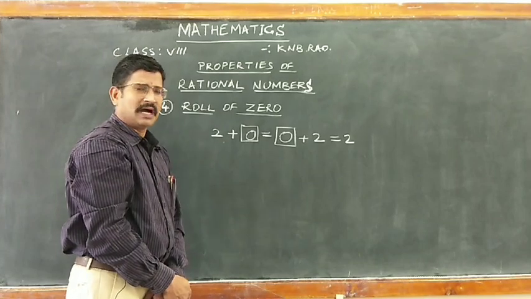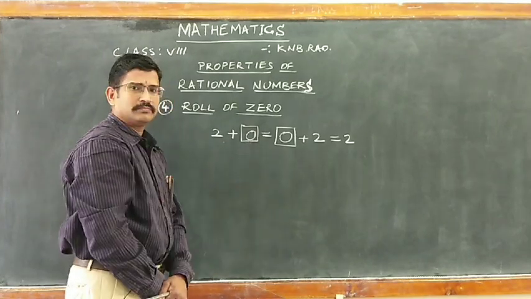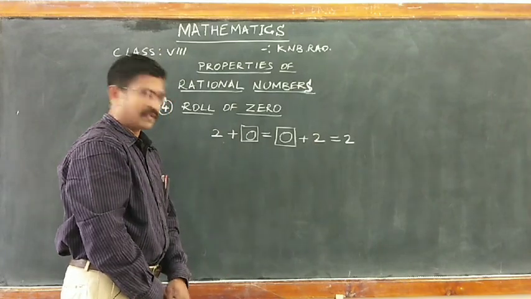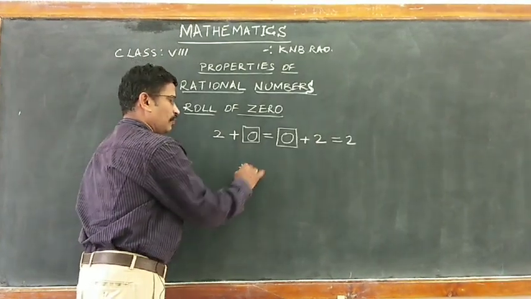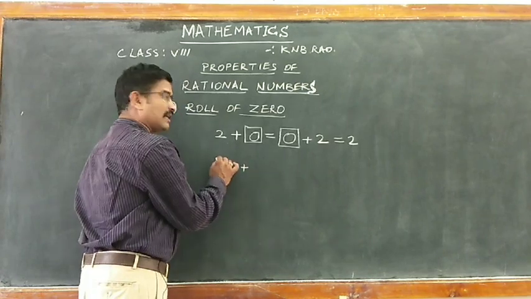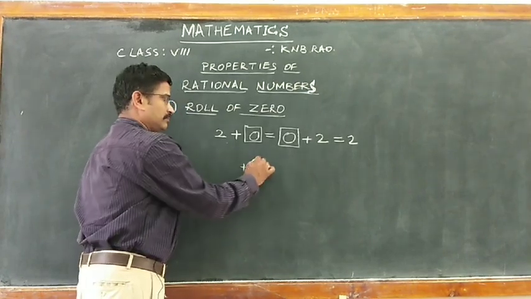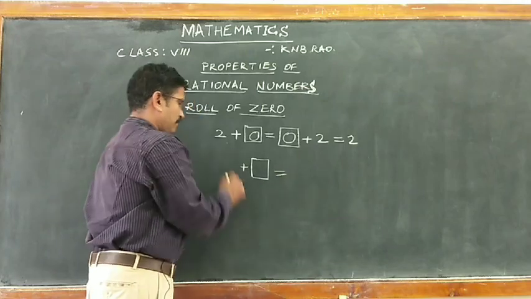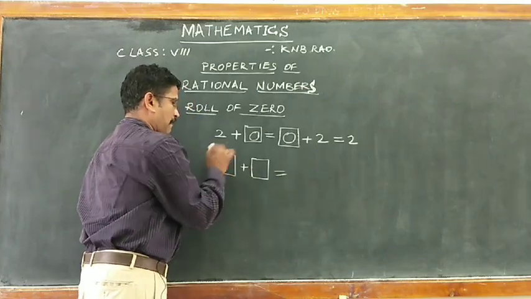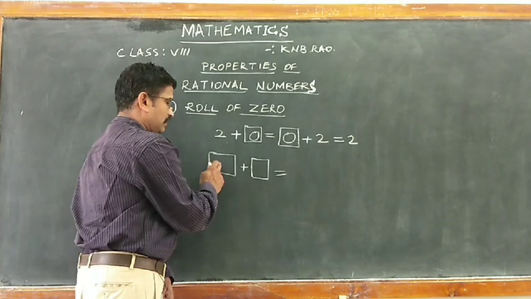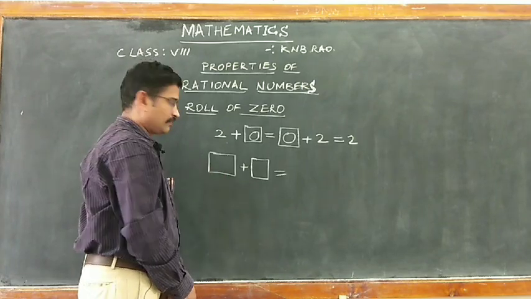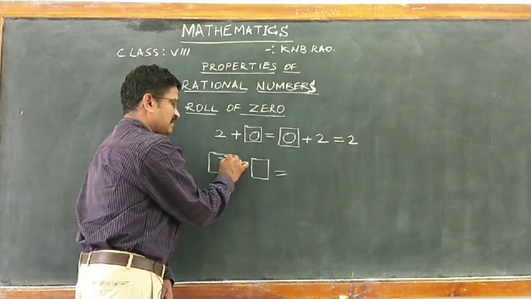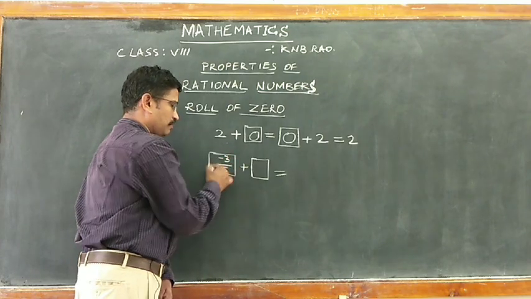Can you tell me any number other than 0 doing this? That is, for any rational number, for example, now I will take minus 3 upon 5.